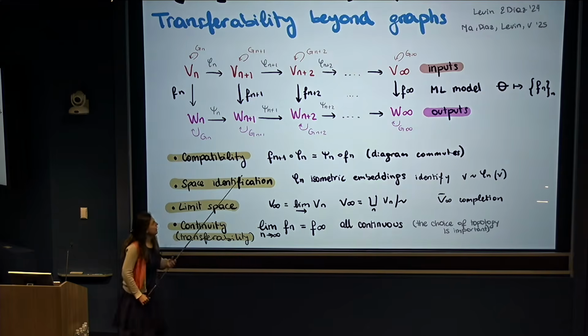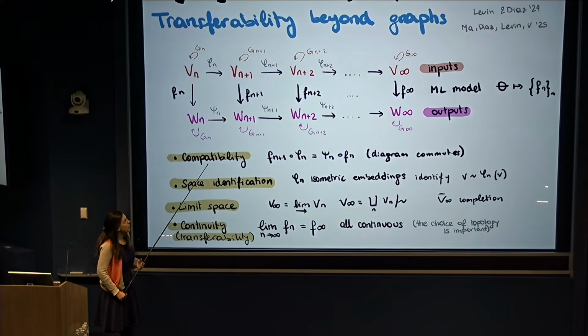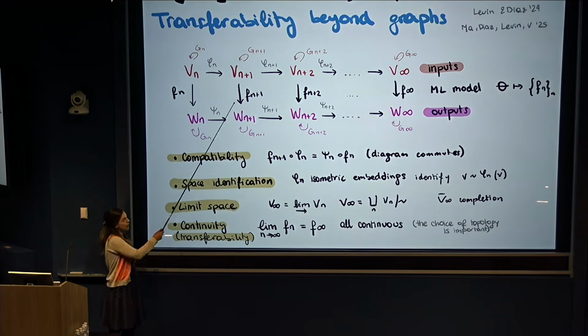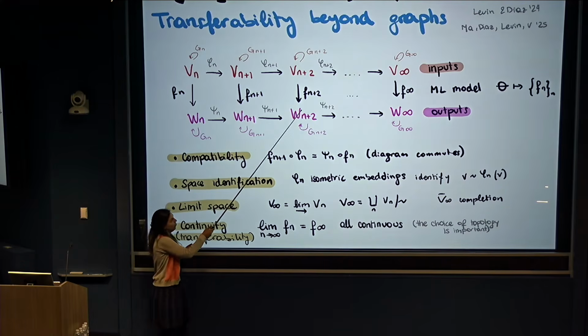And so how does this connect with representation stability? Representation stability tells you that if you have a sequence of representations by a finite group, like say the permutation group, then that sequence stabilizes in dimension. So the dimension of the space of linear functions that satisfy the equivariance is finite.